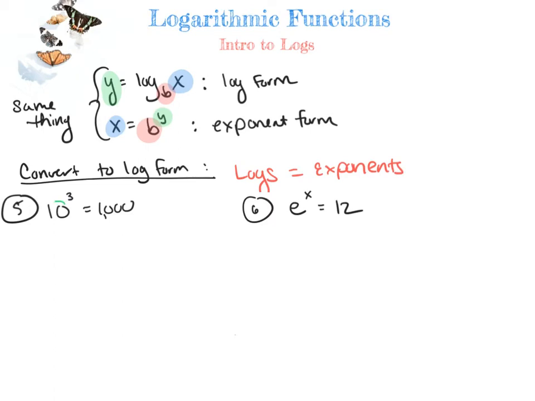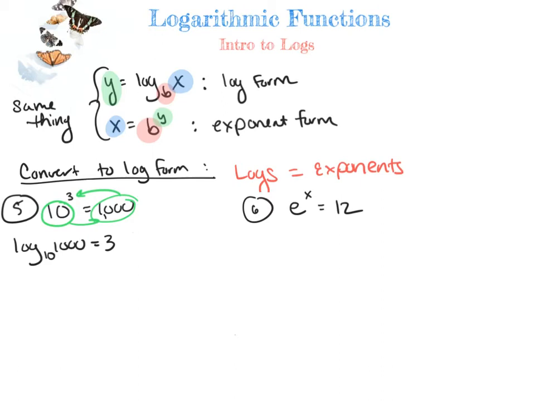Remember, when I'm converting, I always start at the base, because the base under the exponent matches the base under the log. So log base 10 of 1,000 equals the exponent. The log is always equal to the exponent. So in English, I won't write this all out, but the exponent you put on a 10 to turn it into a 1,000 is 3.